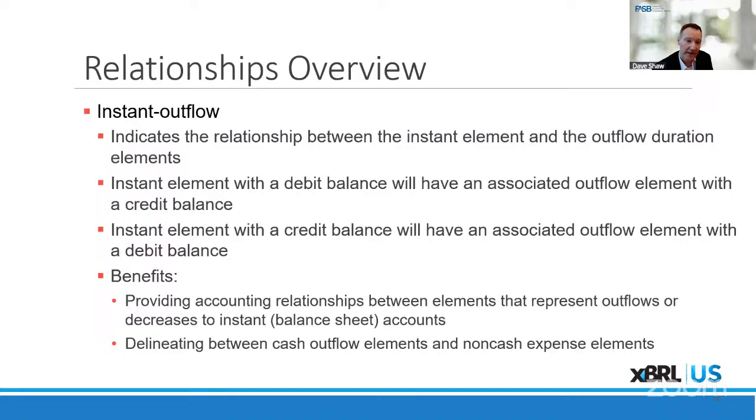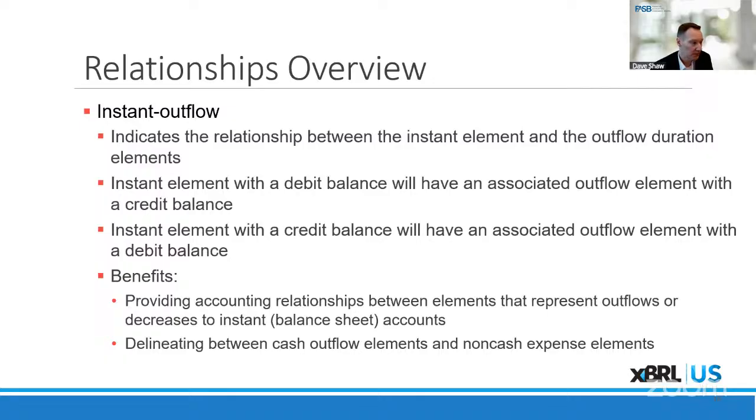And so just like the benefit on the instant inflow, this provides the relationship between elements that represent outflows or decreases to instant accounts, largely balance sheet, and it delineates between cash outflow elements and non-cash expense elements.